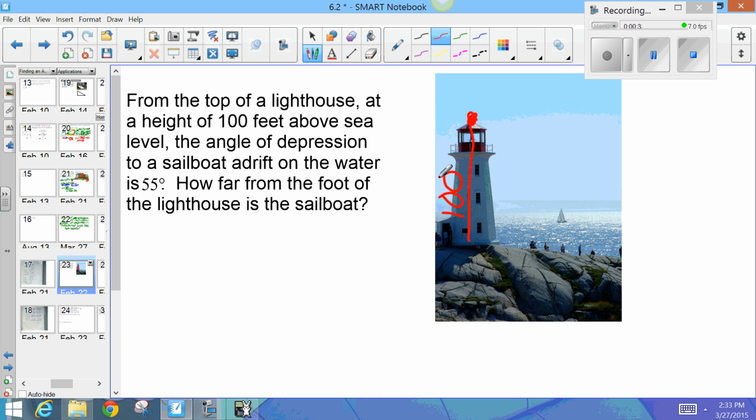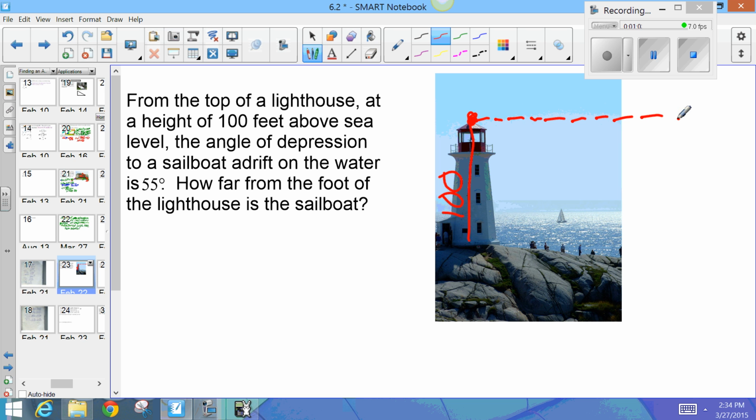The angle of depression, remember from the previous video, angle of inclination and angle of depression are always measured with the horizontal. So sometimes we have to draw this imaginary horizontal line, straight out in front of my eyeballs if I am standing at the top of the lighthouse.